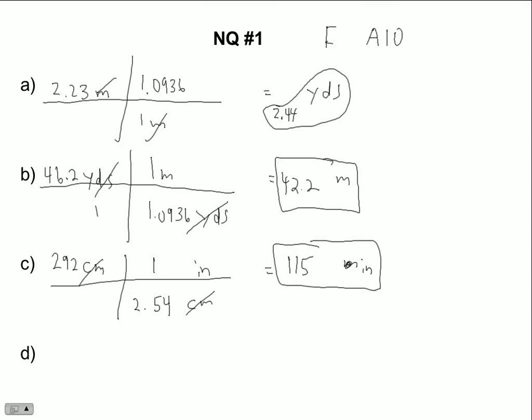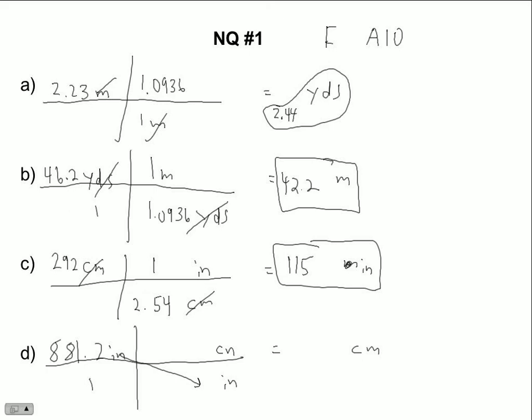Problem D, we have 881.2 inches, and they're asking us to convert it to centimeters. See a trend here? They're doing the flip-flop on each problem. What you got on the bottom, inches, is going to go on the bottom, and what you want on the top, centimeters.